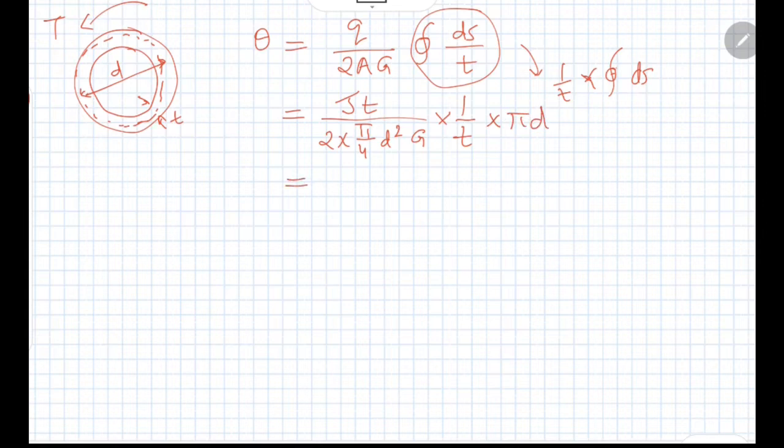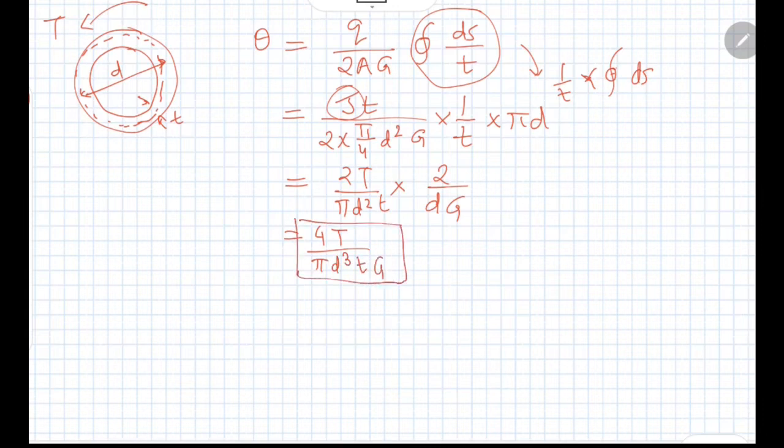If we simplify this expression, you will get 2t by pi d square t after substituting the value of shear stress which we obtained previously, multiplied by 2 divided by dg, which gives us 4t divided by pi d cube t multiplied by g.